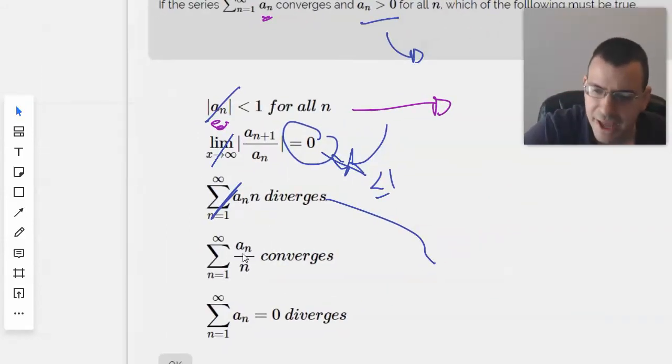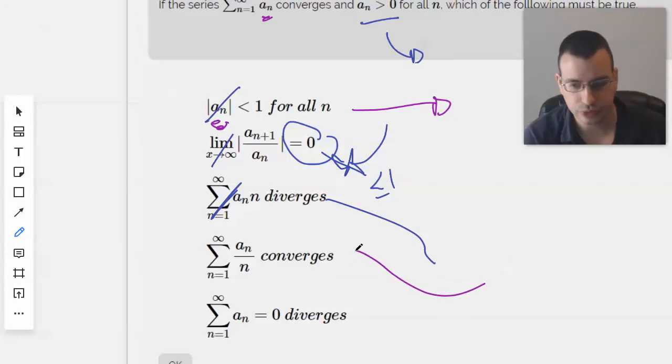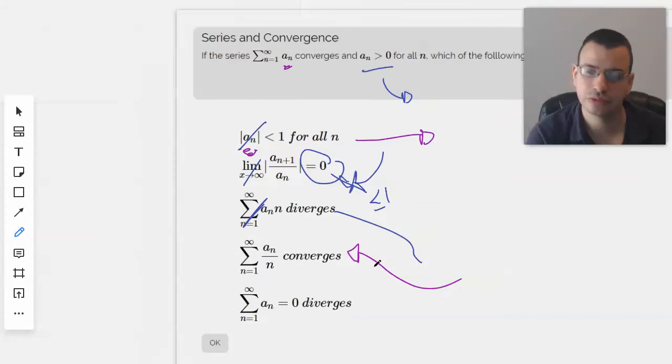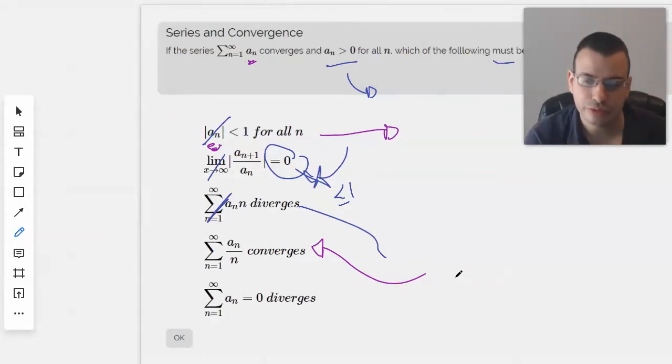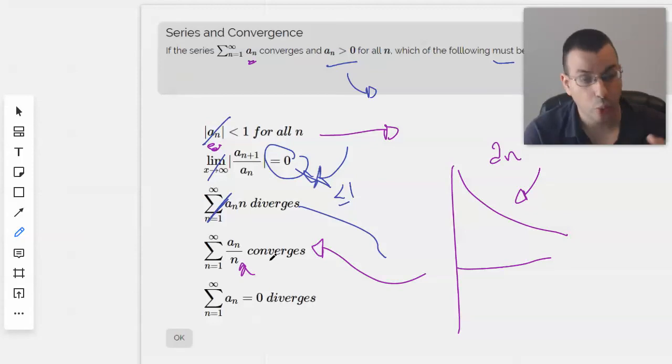The series of a of n over n converges. Yes. So this one will be true. The reason this one is true is because you can do it by the comparison test. This is the series with coefficient a of n, and n is just a positive number, 1 or higher.